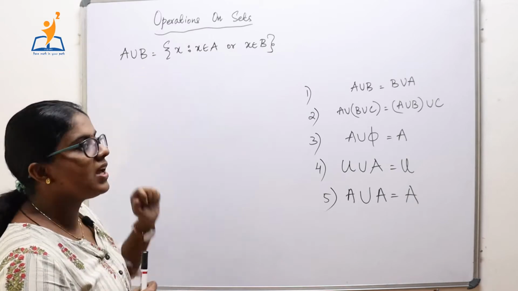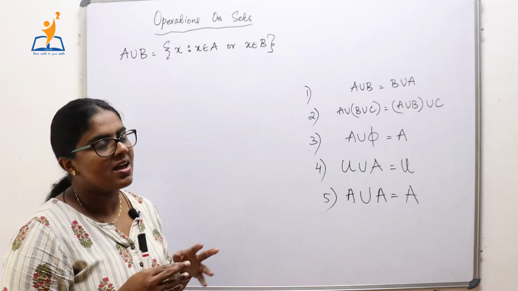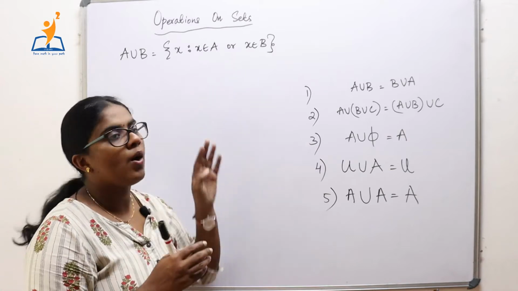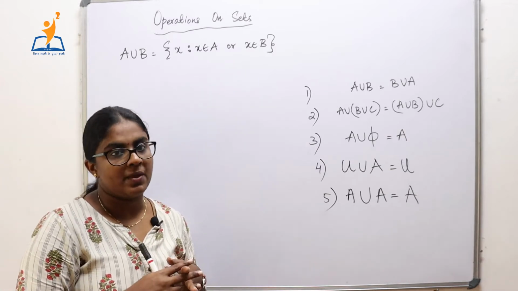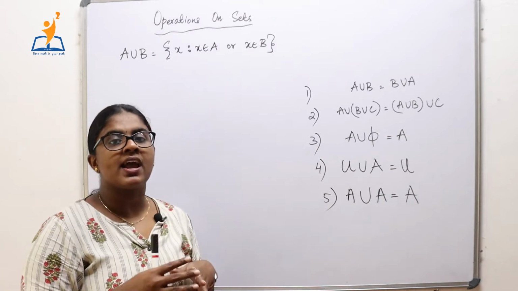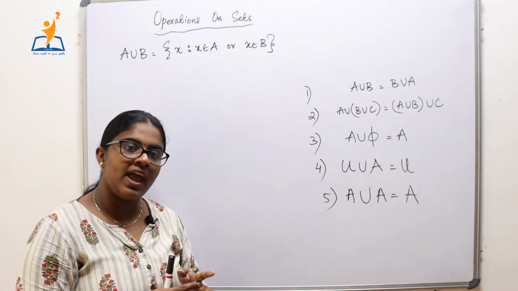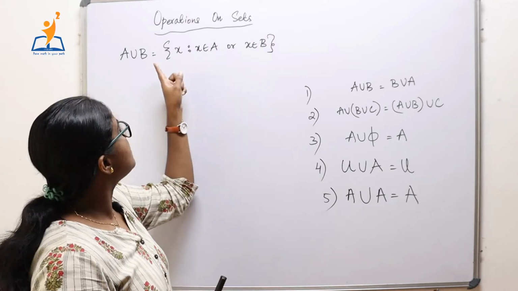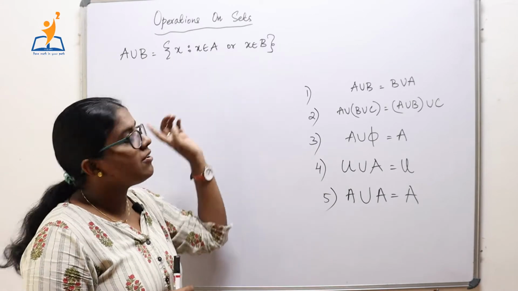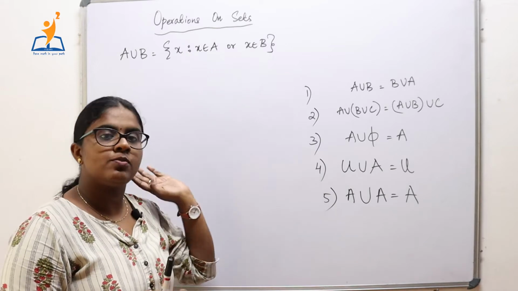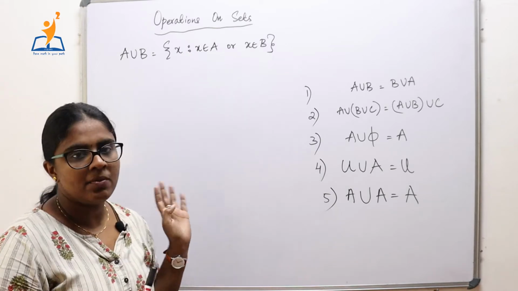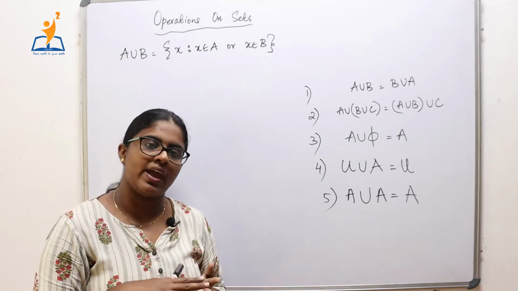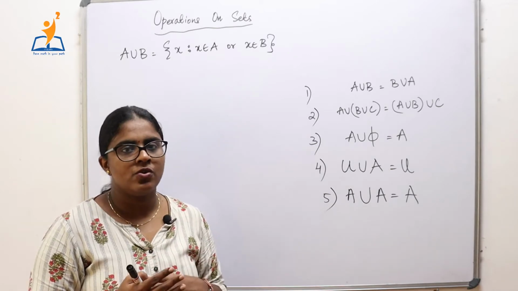That is, A union B can be represented as the set of all x such that x belongs to A or x belongs to B, which means A union B contains all the elements from A and all the elements from B. If x belongs to A, it will be in the set A union B, and if x belongs to B, then it should also be there in A union B.